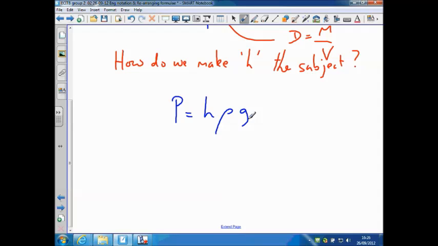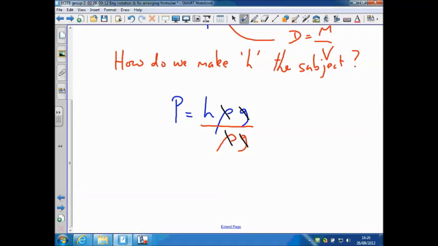If I want to get rid of rho, it's a number, I divide by that rho, whatever that number is. And if I divide by that number, I can cancel it out. Equally, if I want to get rid of the G, I just divide by G, because it's multiply. If I divide by G, the opposite operation effectively, they cancel out.